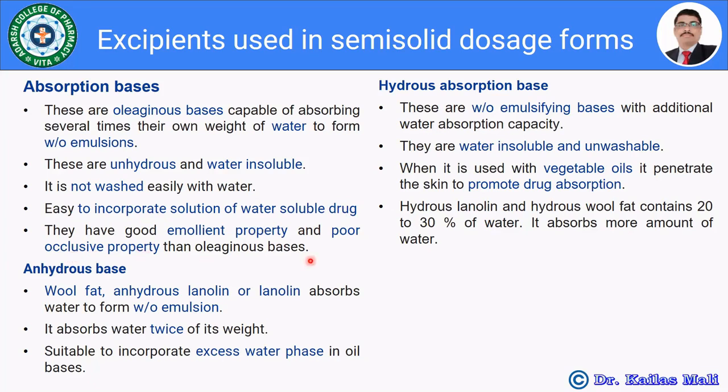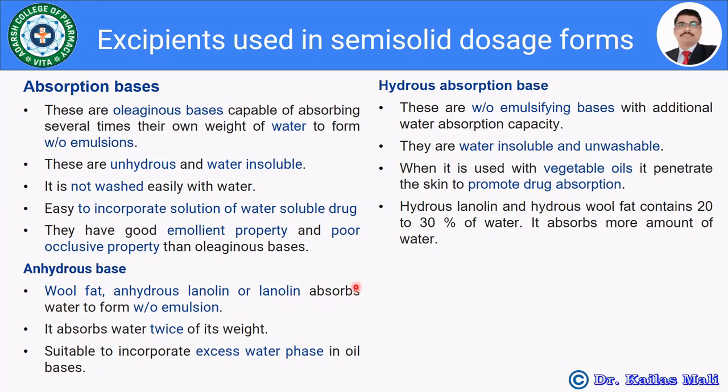The main property of the absorption base is that it has a good emollient property and poor occlusive property. There are two types of absorption bases. The very first one is the anhydrous base and the second one is the hydrous absorption base. Anhydrous bases, for example, wool fat, anhydrous lanolin or lanolin.